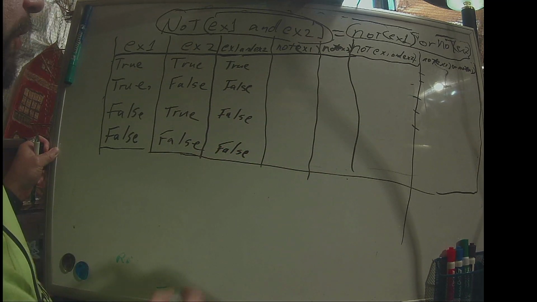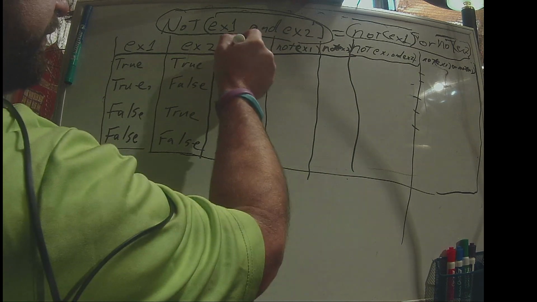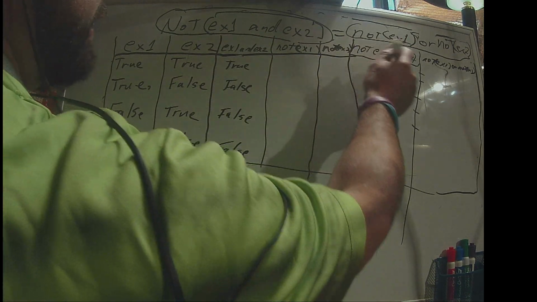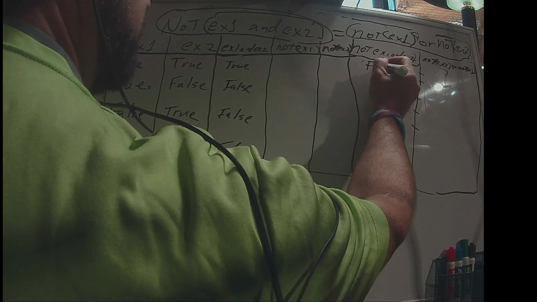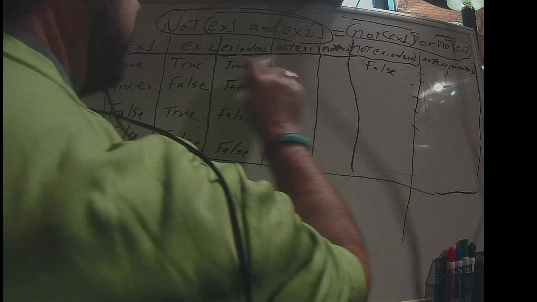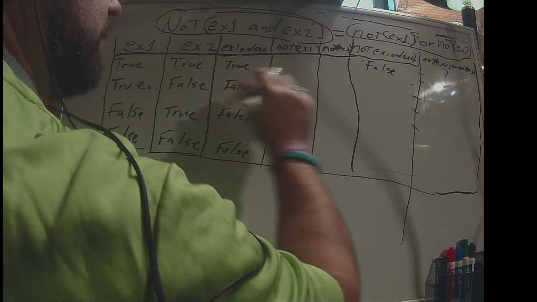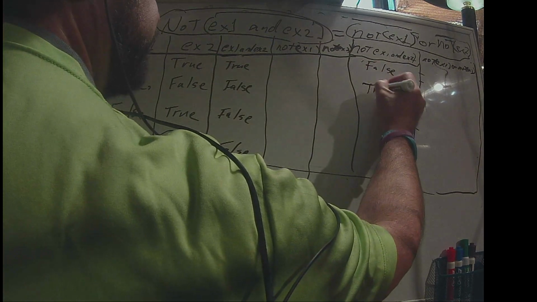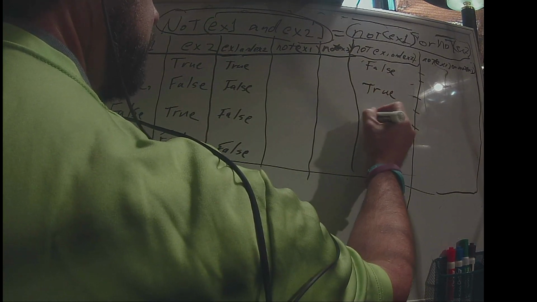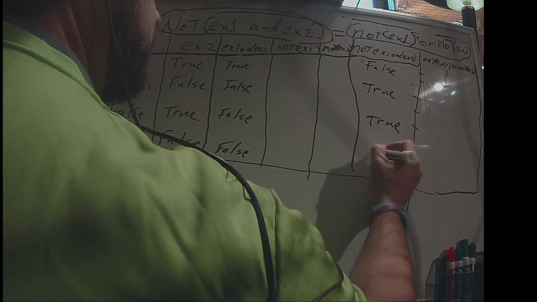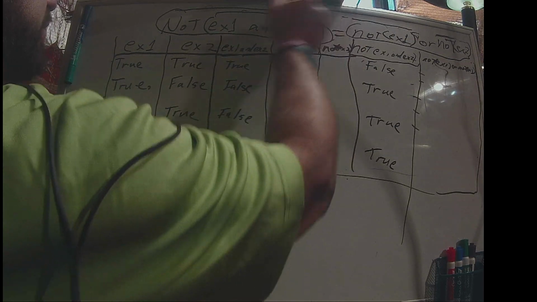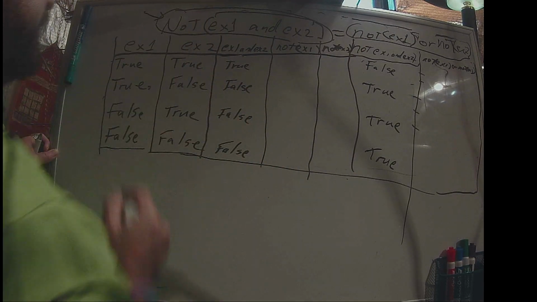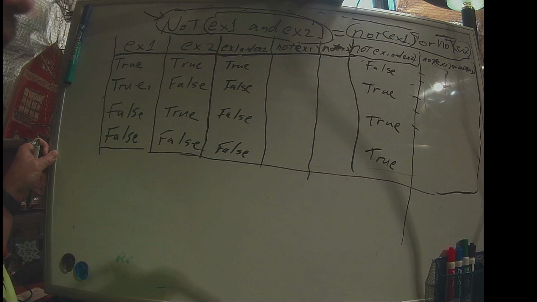Not (EX1 and EX2) is the opposite. So wherever we have a true, we write a false, and wherever we have a false, we write a true. So now we've calculated this side of De Morgan's laws.